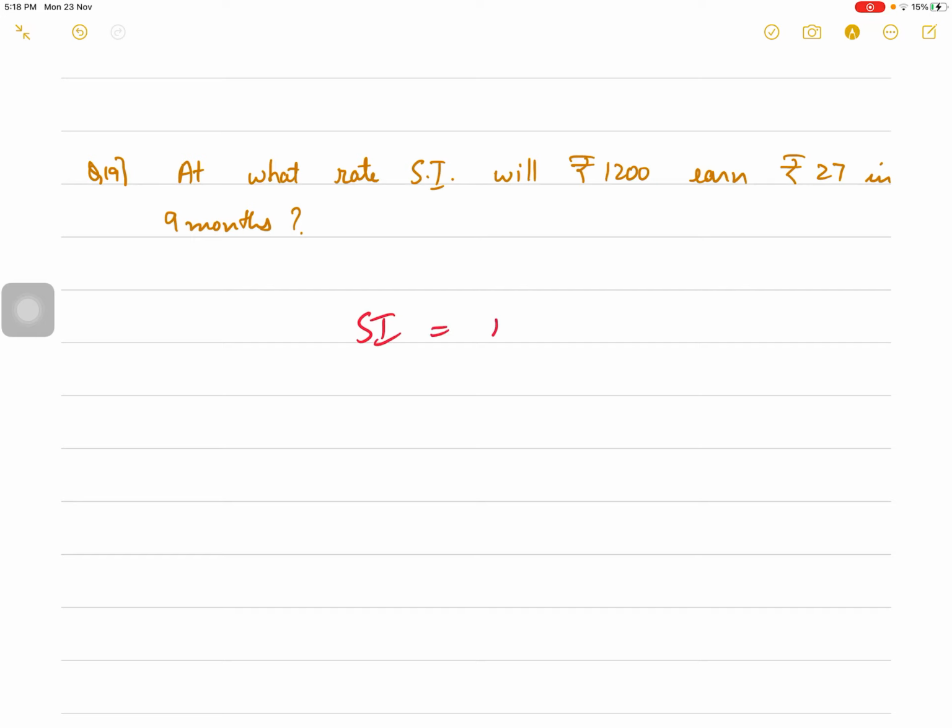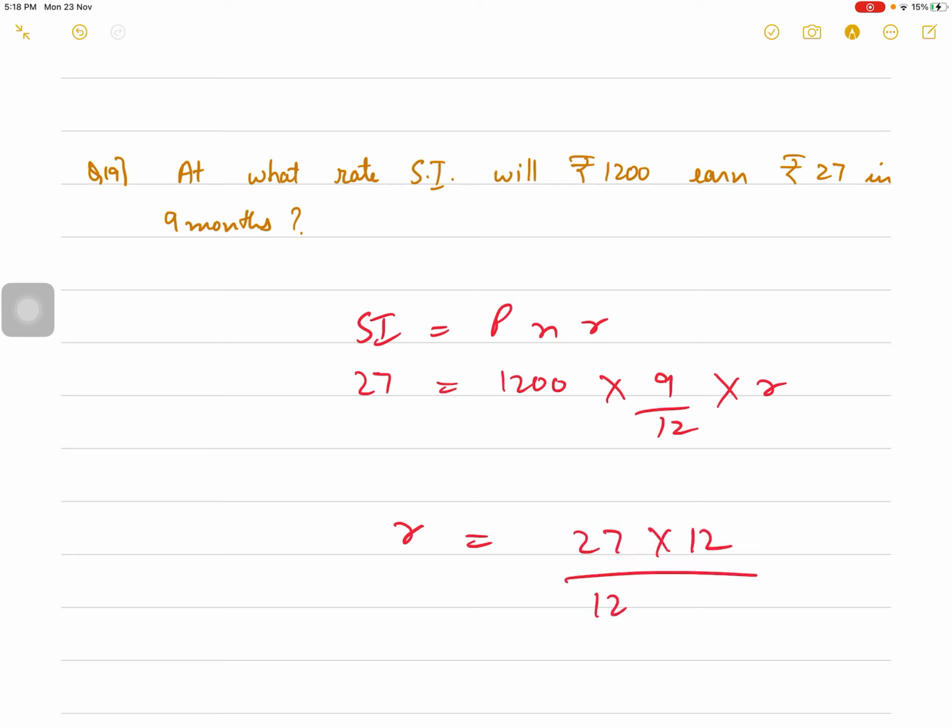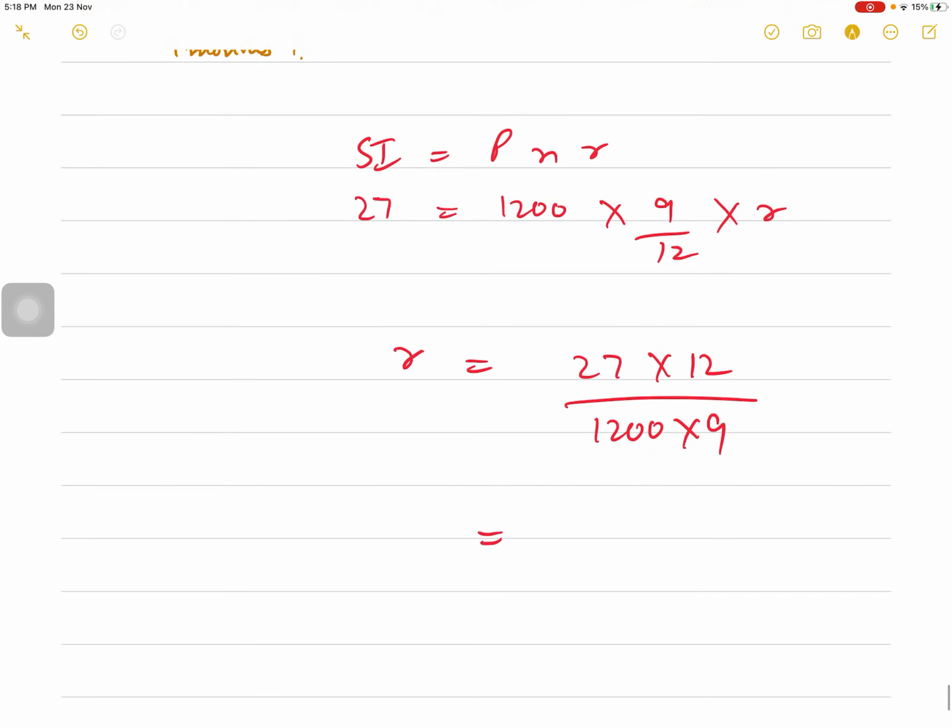Simple interest is equal to P into N into R. Simple interest is 27 rupees, principal is 1200, N is 9 months, so 9 by 12, and you have to find R. So R is equal to 27 into 12 divided by 1200 into 9. So you calculate this, it comes to 0.03 or 3%.